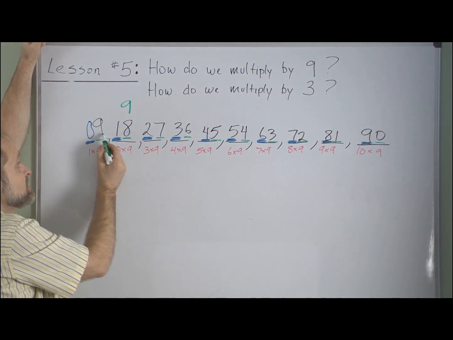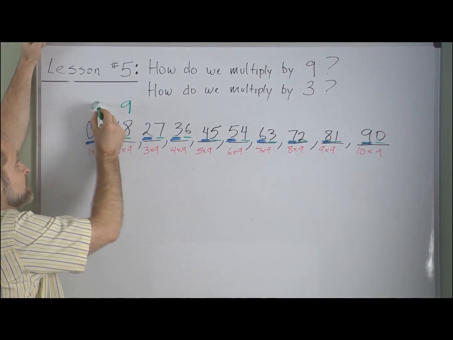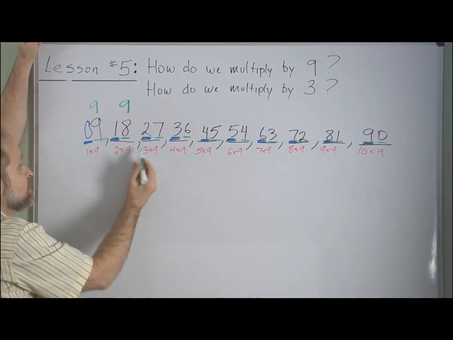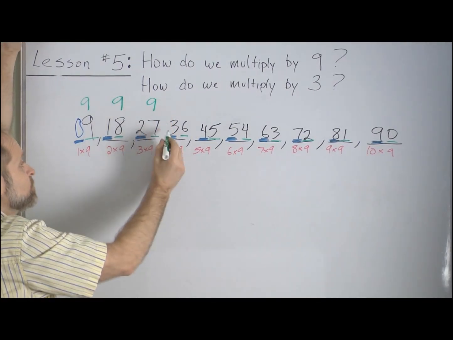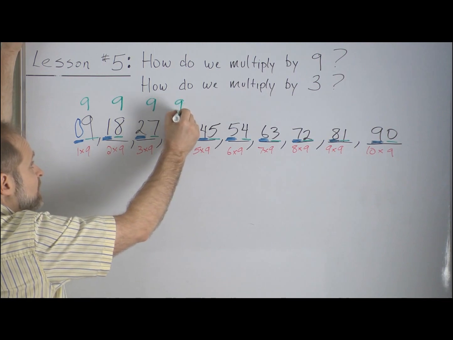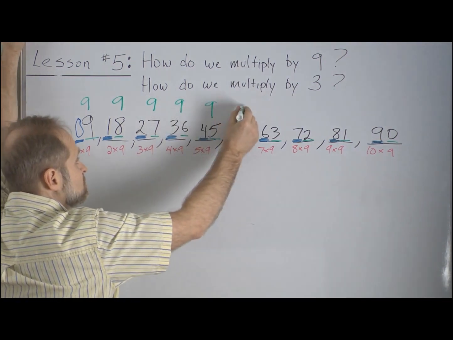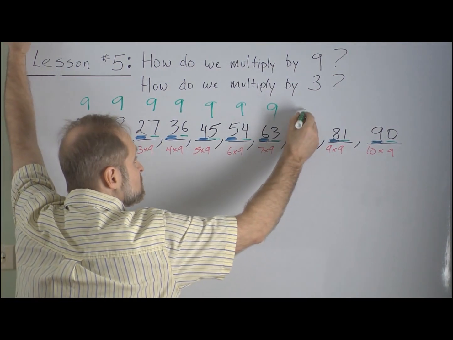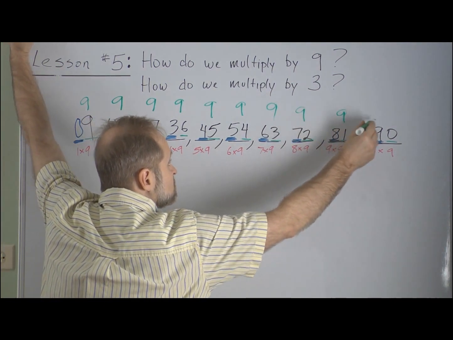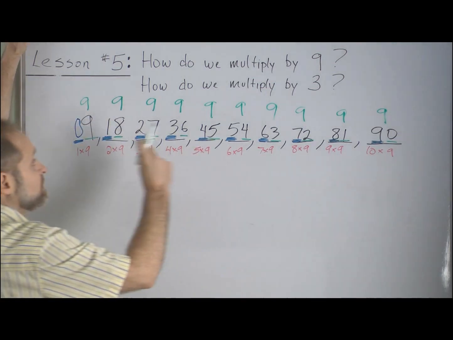We know 0 plus 9 gives us 9 again. What's 2 plus 7? 9. 3 plus 6? 9. I think you get the idea that the sums of all the digits right here, all the way up to 90, is going to be 9.